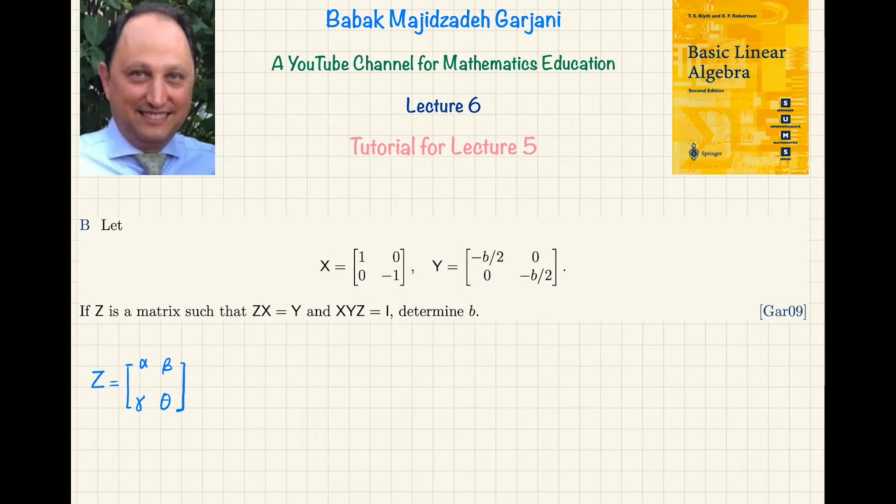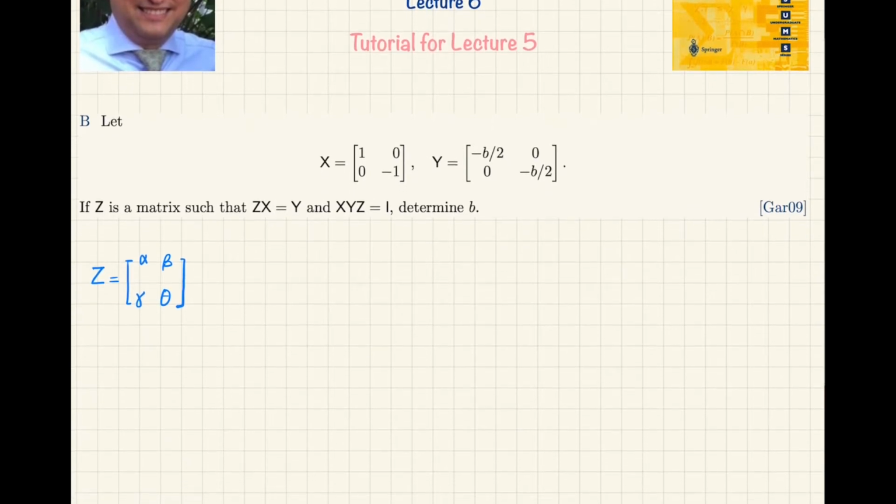Now we know that Z times X is equal to Y. So instead of Z, I just plug alpha, beta, gamma, and theta in, multiply it by X, which is given in the problem itself, and then equate it with the matrix Y, which is minus b over 2, 0, 0, minus b over 2.